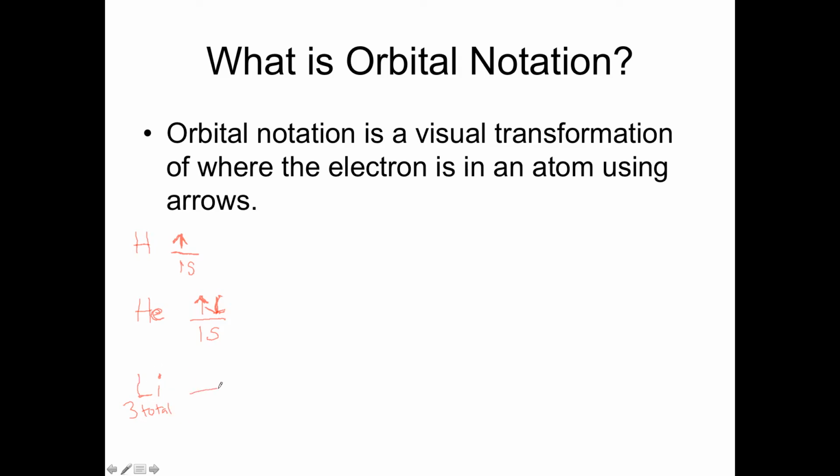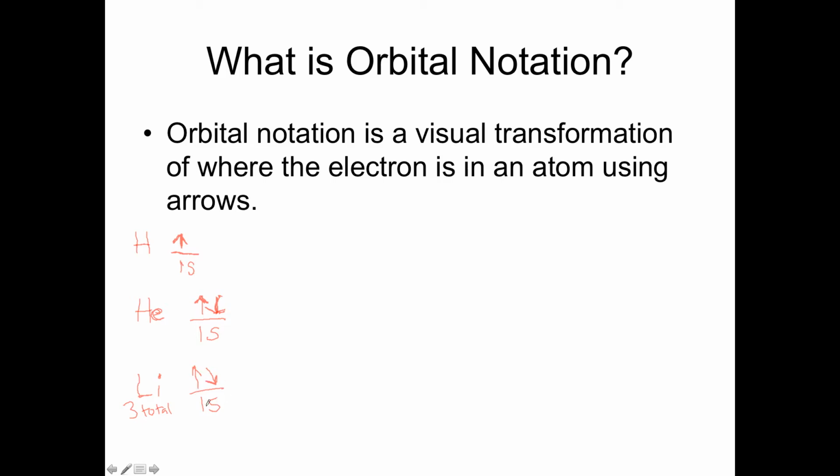The very first line that I'm going to draw, I have to put 1s because that is my first possible energy level. I'm going to have 1 go up. I'm going to have 1 go down. Now, when we also talked about S, I told you that it can only hold 2 electrons, no more, no less.